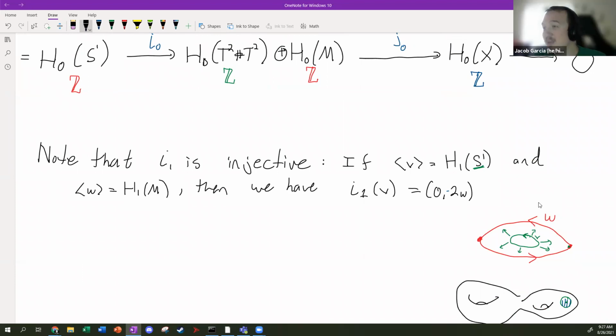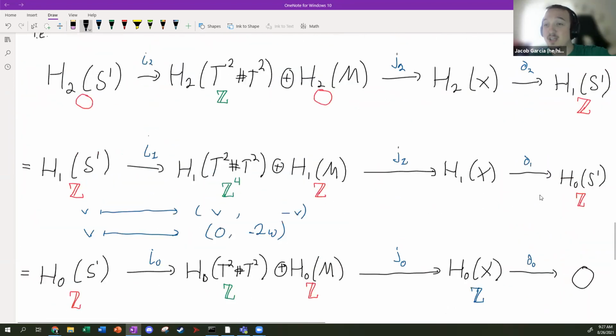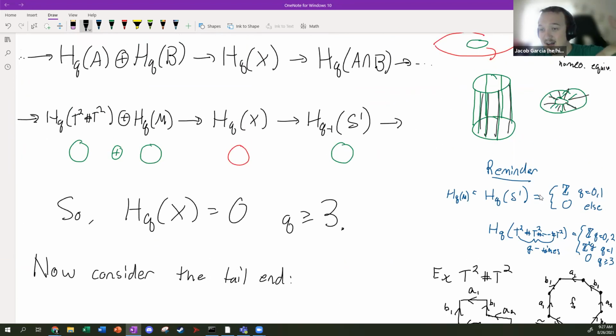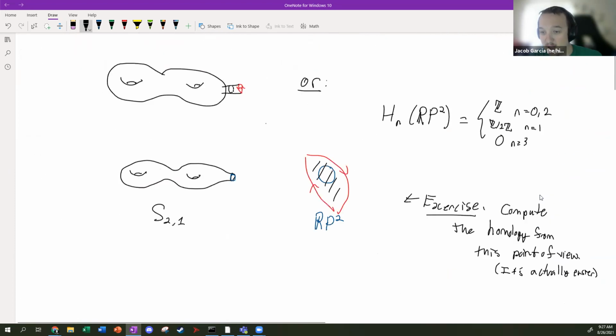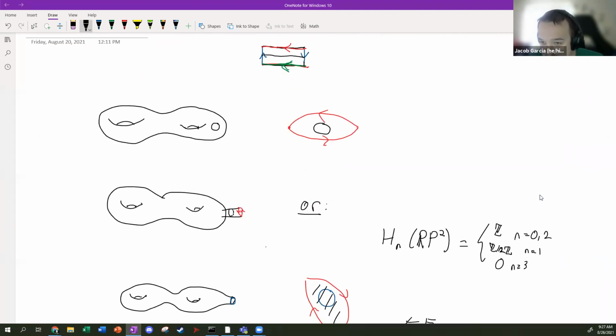Because the rest of this bit is just standard Mayer-Vietoris stuff, right? But the fact that V goes to 2W is where we are eventually going to see this, where did I say it? At the very beginning. Yeah, when I said this homology is Z mod 2Z, this fact that we have this factor of 2 is exactly where this Z mod 2Z term is going to come up, the fact that we have this double behavior.